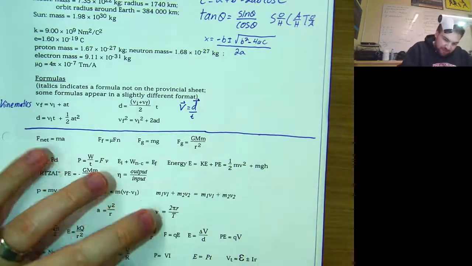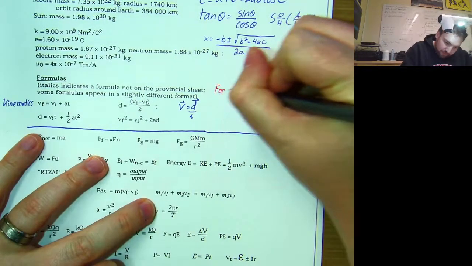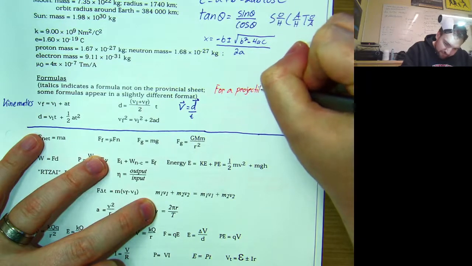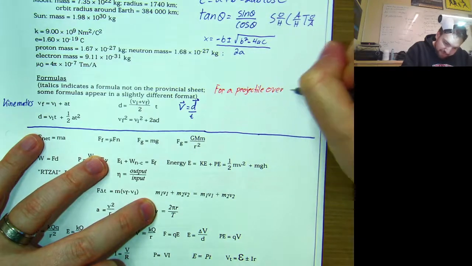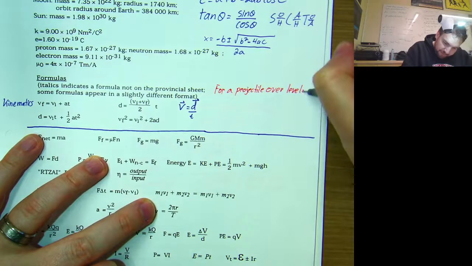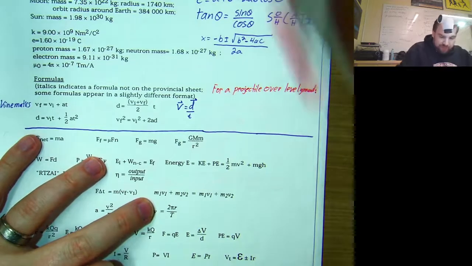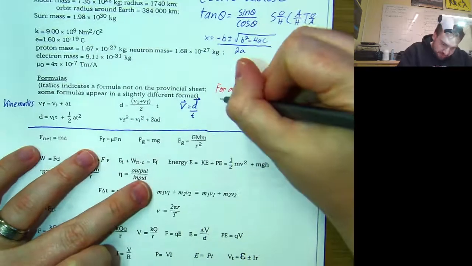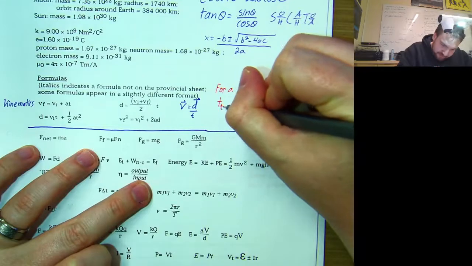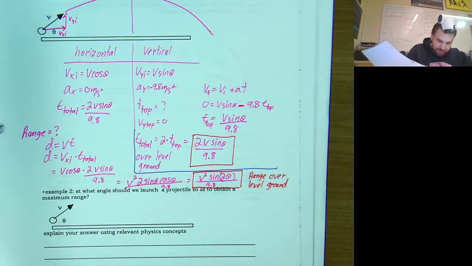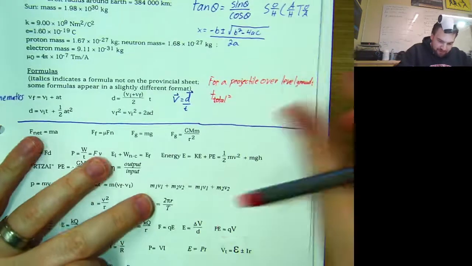This is for a projectile over level ground. These results are true for any projectile over level ground. We've got total time, or t total, we'll write it like that, equals 2v sine theta over 9.8.